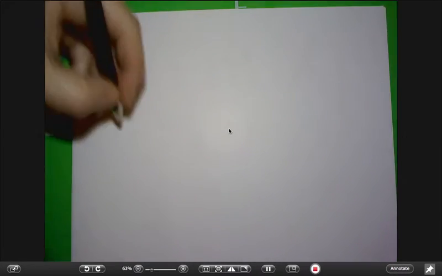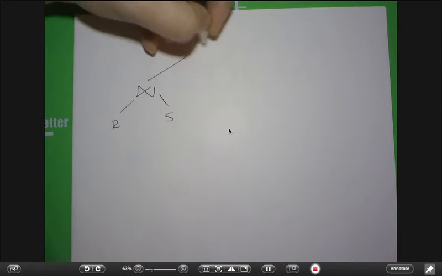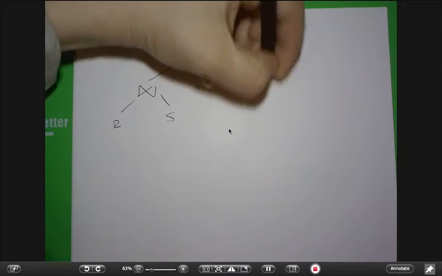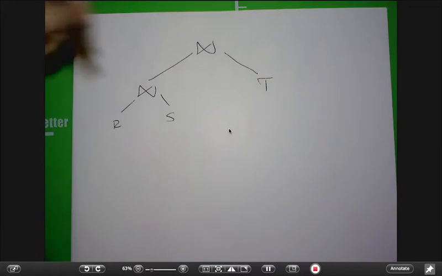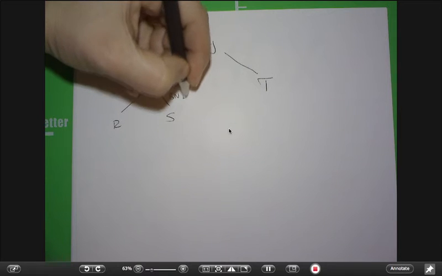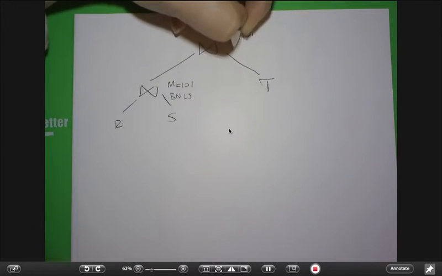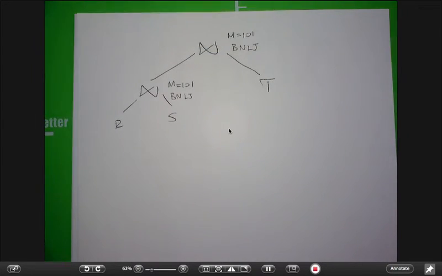So let's say I have, again, the same thing, and I'm going to use M equals 101 with block nested loop join.